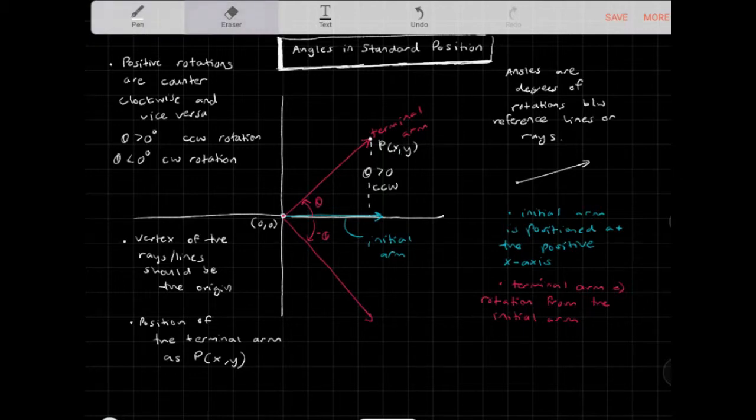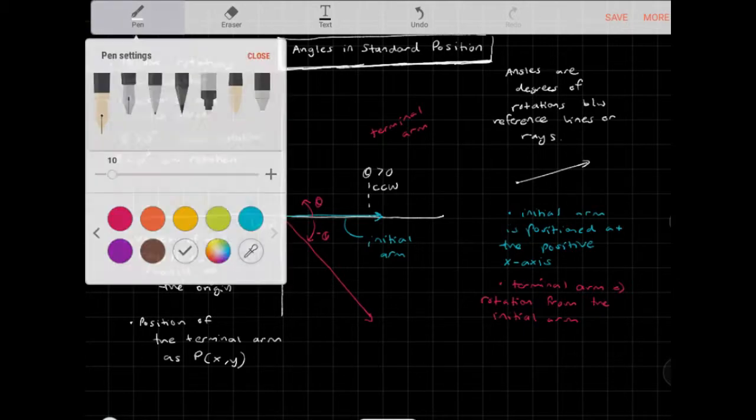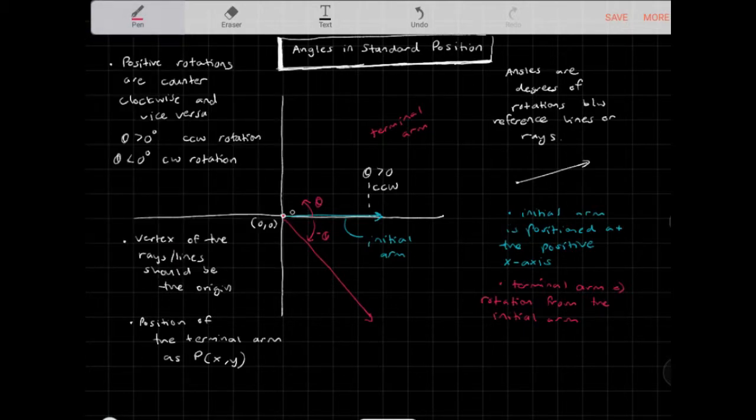Okay, so let's try to shorten this out. You can see that there's a grid system here. I'm going to shorten this terminal arm out. Say we place it here. Okay, using the grid system, this is a point, right? This is the point 2 and 3. Okay, so that means that the y-coordinate is 3, the x-coordinate is 2, and you can actually find the angle associated with that by using the trig ratio.